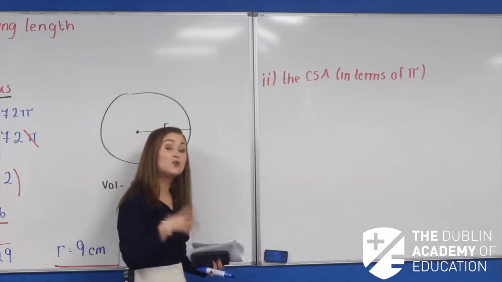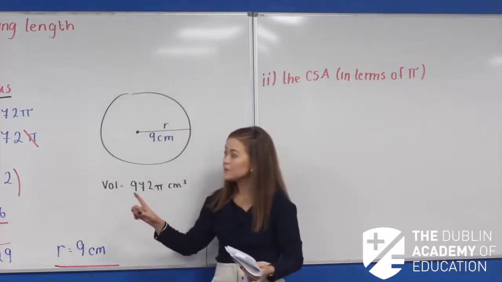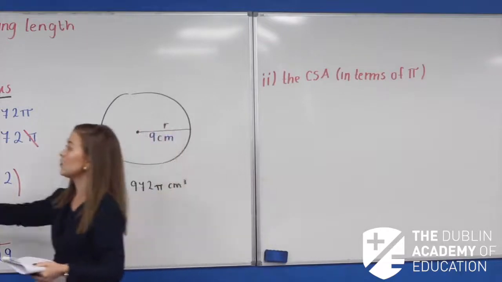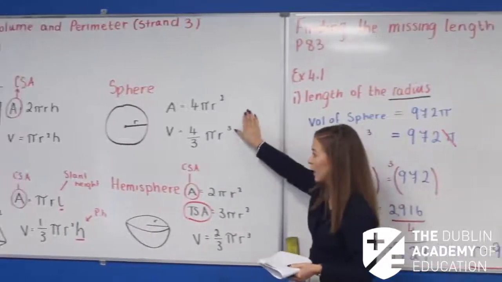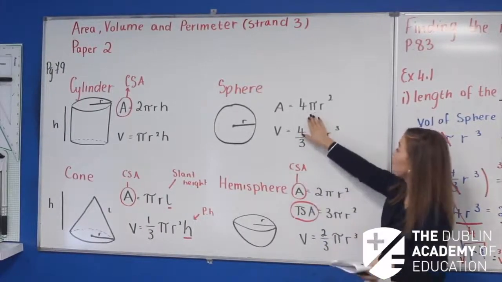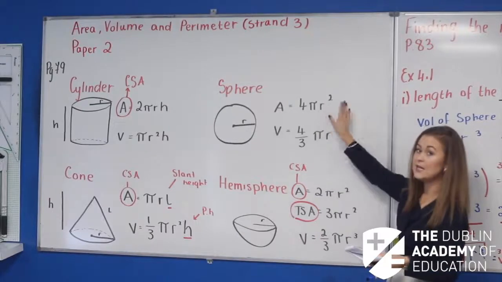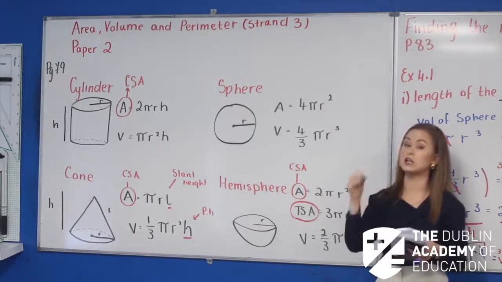Now, if you recall, and I'm just going to point back to the very first board over here, our curved surface area we had previously over on this board was 4 pi r squared. Now remember, for a sphere, the entire sphere is the curved surface area.